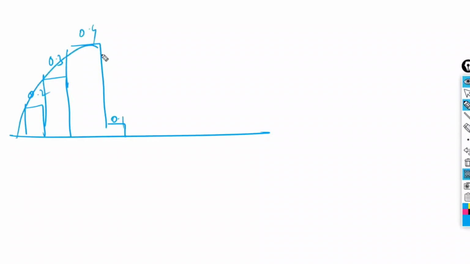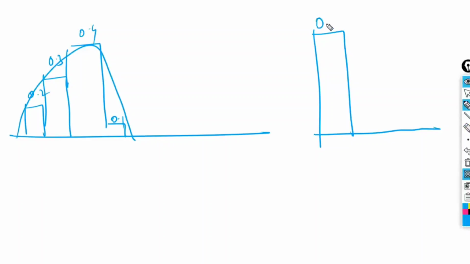Now, if you draw a curve, you are going to get a curve like this. This is the curve. What is the area? 1. Now, the same example, I am writing the first one with 0.9 and this one 0.1. Now, if you have a curve like this, what is the area? Though the curve has changed, the area will always remain 1.